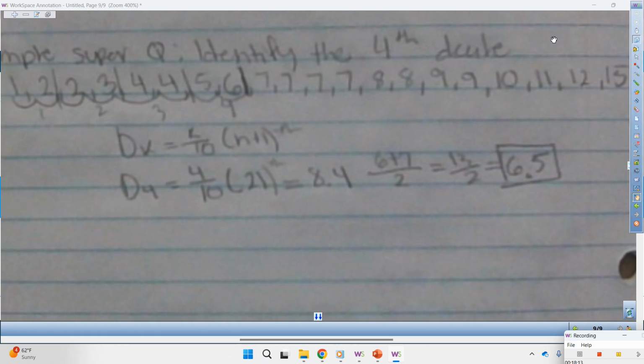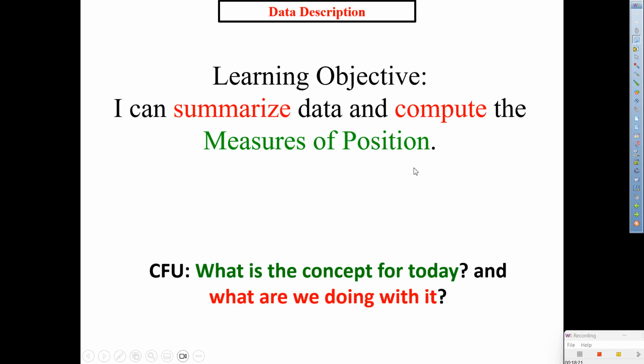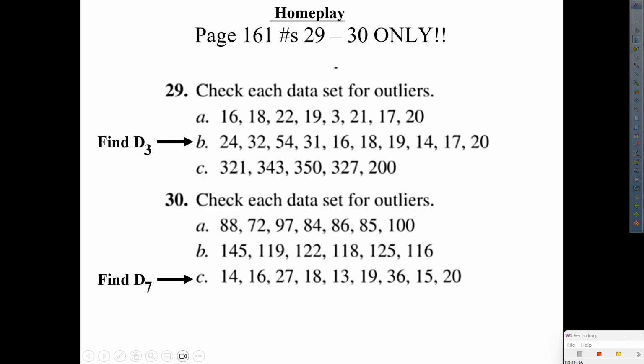Okay. So with that said, that brings us to the conclusion of measures of position. So we're done with z-scores. We're done with percentiles, quartiles, and deciles. Tonight's homework looks something like this. Now let me pause the music in the back really quick, and let me elaborate on this. It's only 2 problems, but there's 6 sets of data.